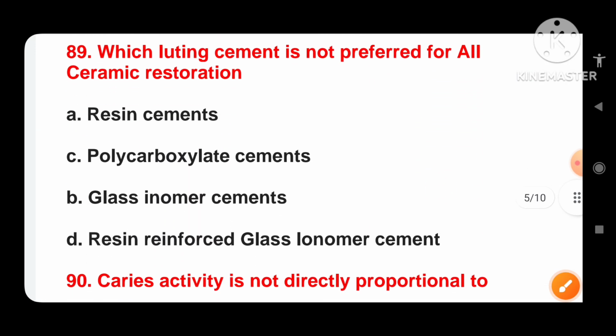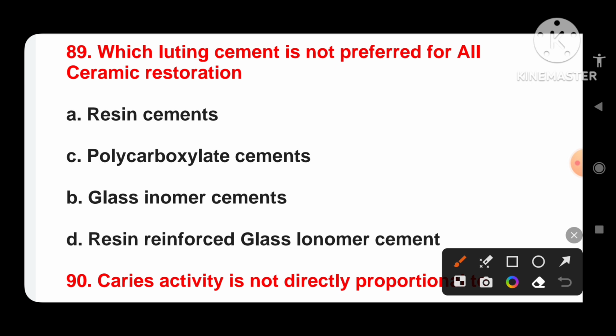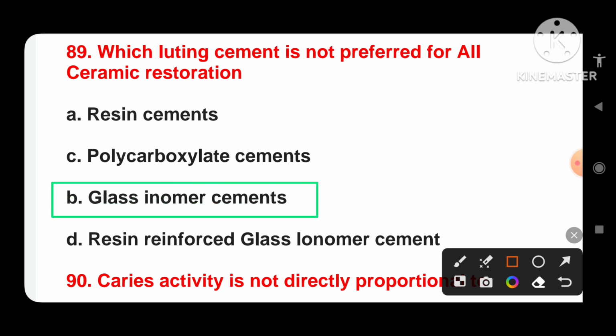Next question is, which luting cement is not preferred for all ceramic restorations? Options are resin cements, polycarboxylate cement, glass ionomer cement, resin reinforced glass ionomer cement. And the answer would be glass ionomer cement.